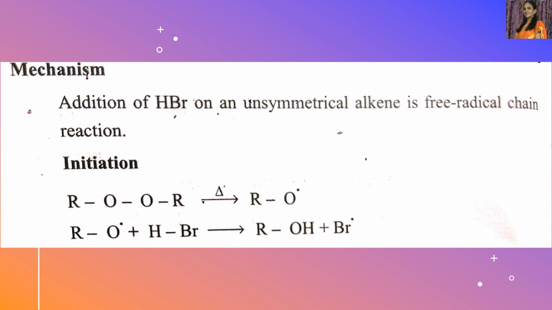This alkoxy free radical combines with the reagent HBr and abstracts an H dot, that is, a hydrogen atom, to form ROH, and Br with one electron is produced as a bromine free radical. Now this bromine free radical propagates the chain.